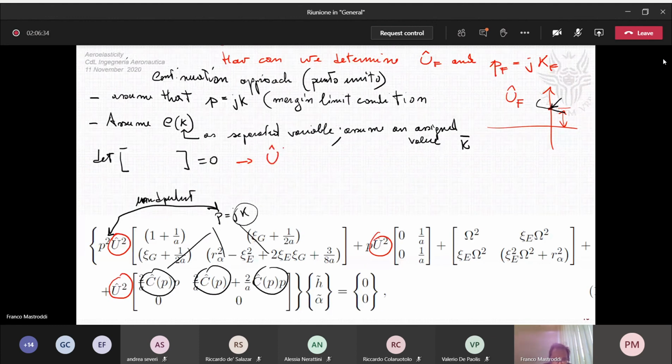So you have u fourth, a number, by a number, plus u to the power 2, a number, plus c equal to 0. But this number a is a complicated function of all the parameters, and is a complicated function of your K bar assumed value.